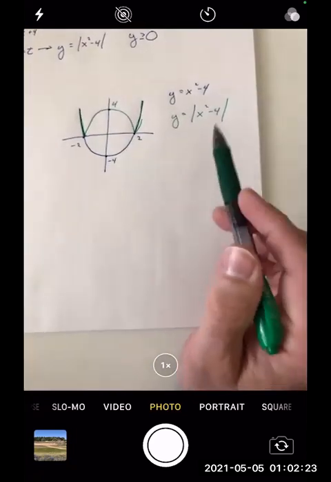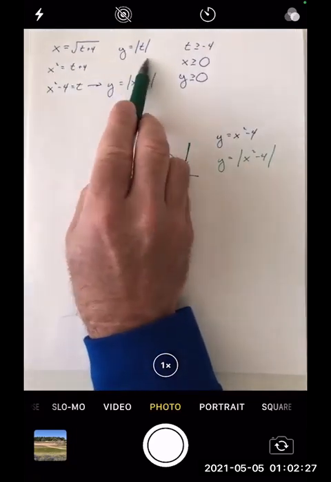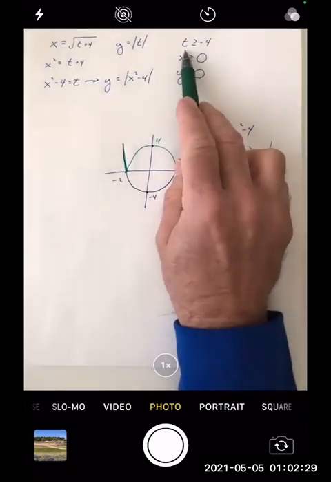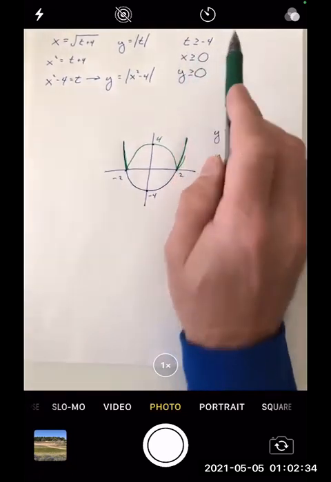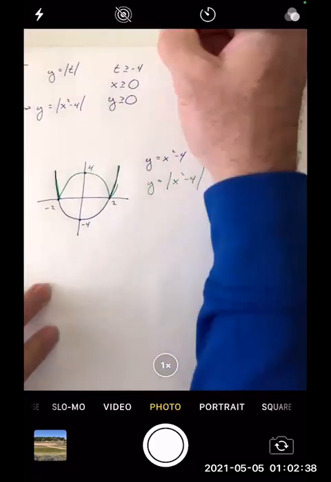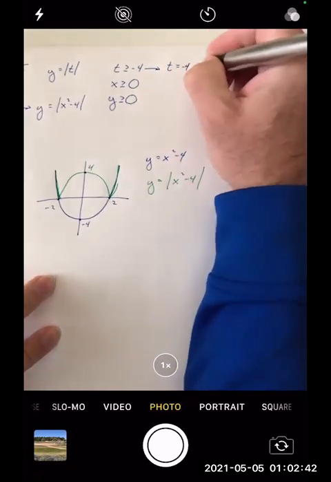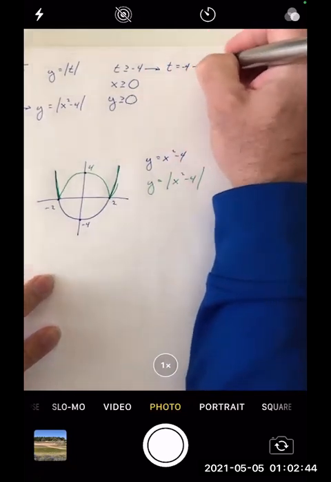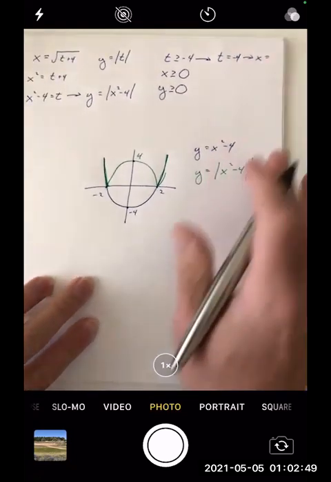But that's not where we started. We started with these parametric equations. So we know that t has to be greater than or equal to -4. So if t is equal to -4, what is x equal? 0.